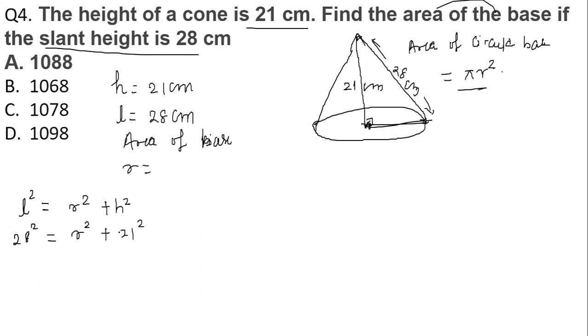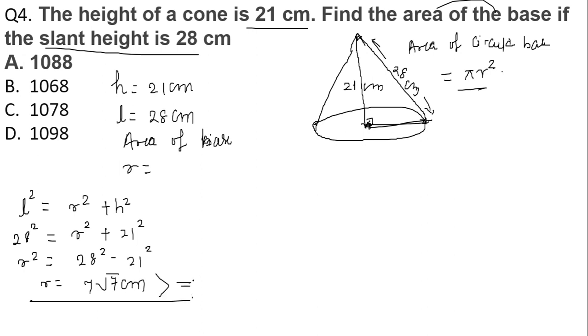So r square is equal to 28 square minus 21 square. This will give me r equal to 7 under root of 7 centimeter.